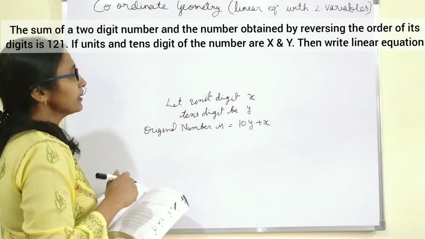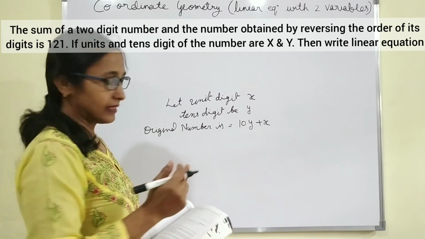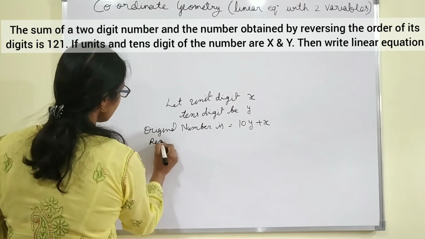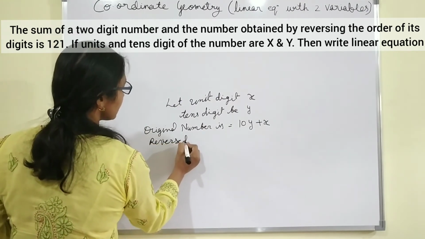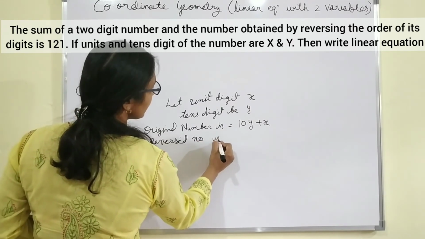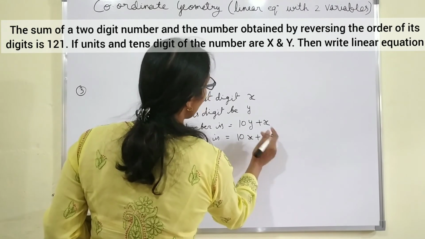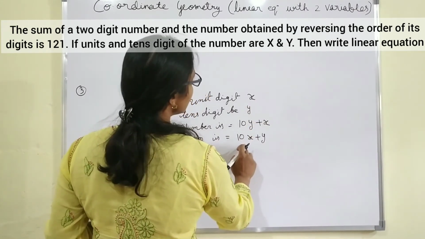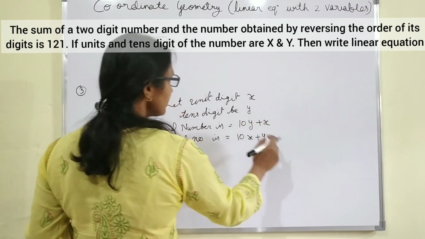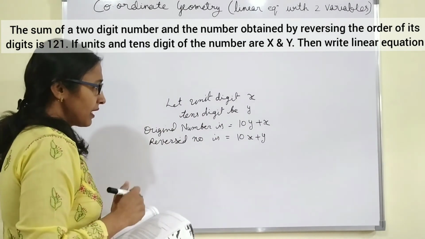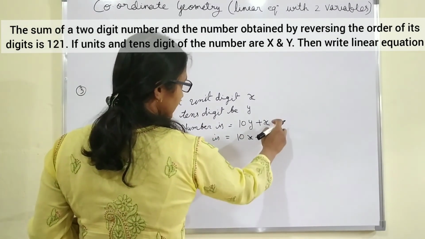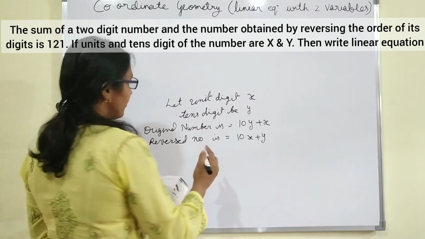Now in the question, reverse the digits. So the reverse number is 10x plus y, which means the ones place will become the tens place and the tens place will become the ones place. Now the sum of these two numbers is 121.